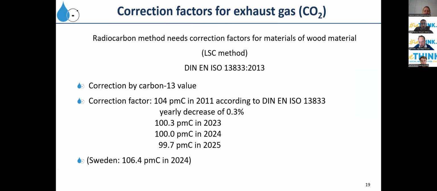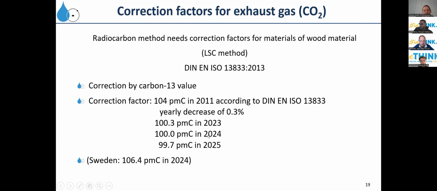And now we go for the correction factors which should be applied to measurement of exhaust gases. We have to do a correction by the carbon-13 value, which is an analytical correction. It doesn't have much effect, but there is a correction factor given in the standard for 2011, and this correction can decrease by 0.3 according to the standard.